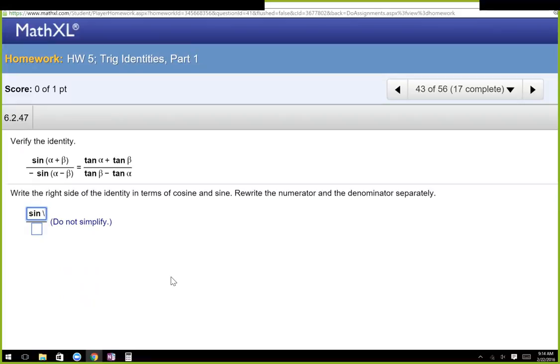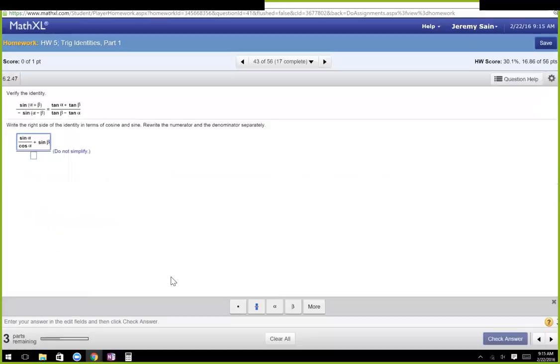It might be good to learn your Greek alphabet, which is right behind you. So sine of alpha over cosine of alpha, and then same thing, plus sine of beta.